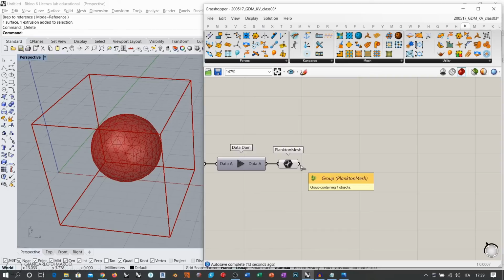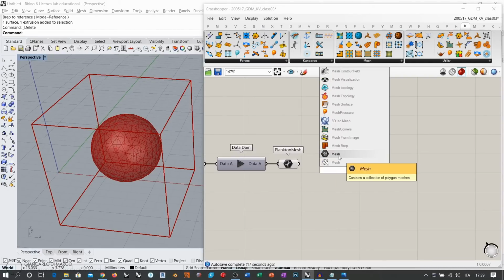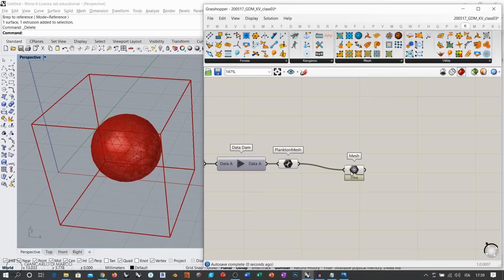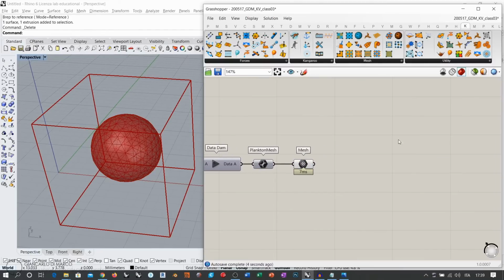And now that we have the plankton mesh, we can convert it or use a mesh container in order to work with values or primitives that can be recognized from other components in case we need it. And we can start the growth process. Now the growth process is absolutely something that happens over time.